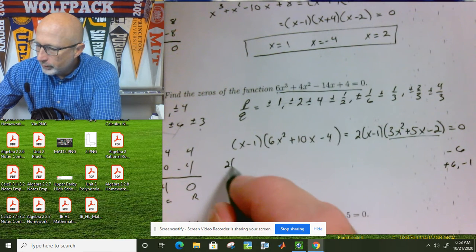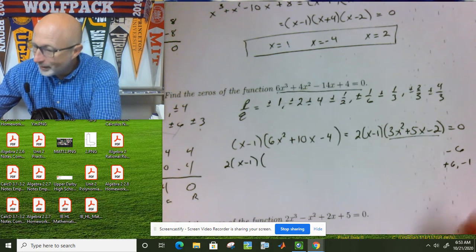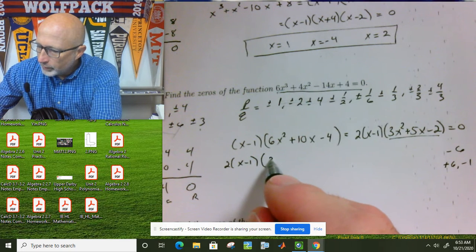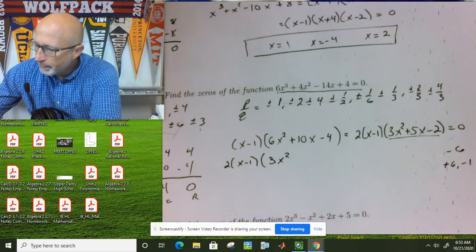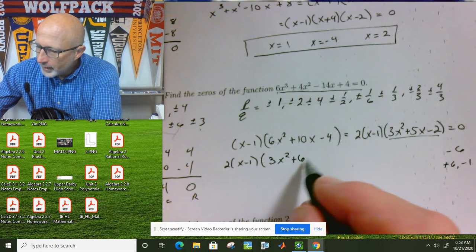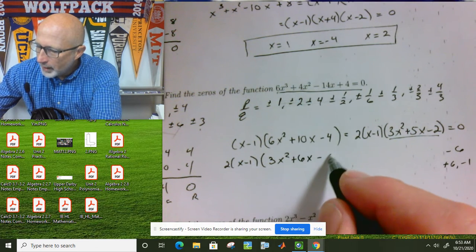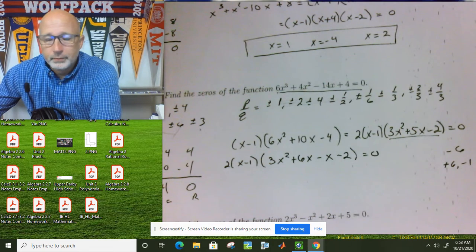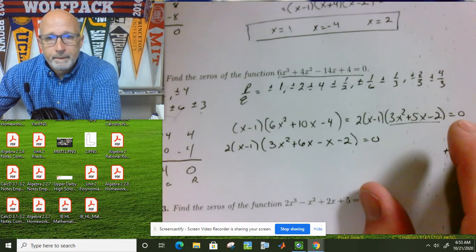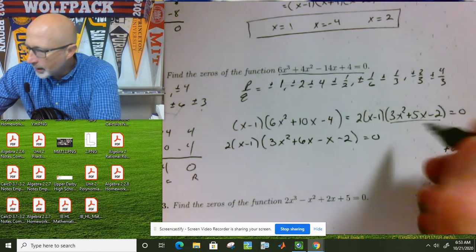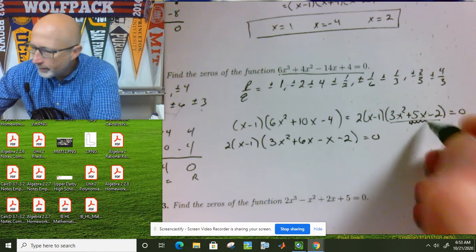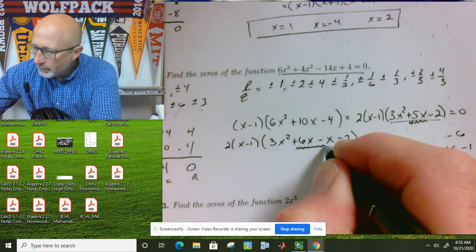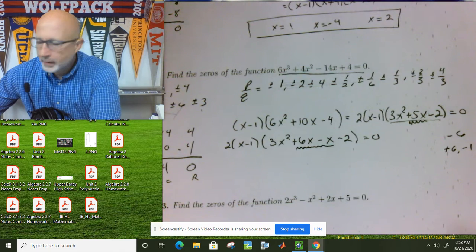Okay, so I have 2 times x minus 1 times this thing, which is 3x squared plus 6x minus x minus 2, and that's equal to 0. Okay, once again, I just rewrote 5 as 6 minus 1. Just rewrote it there and there.